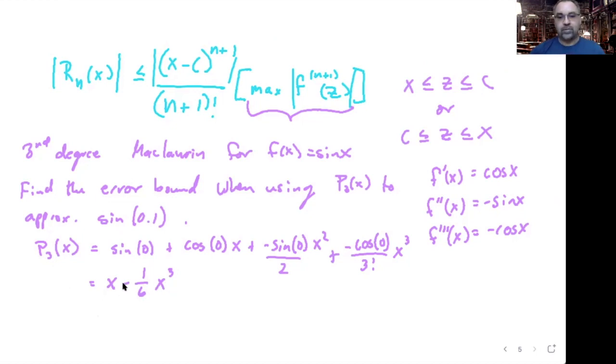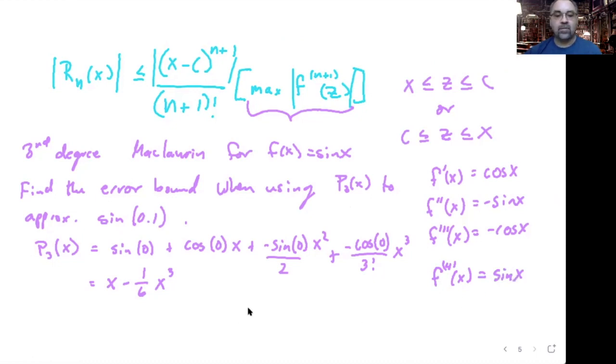But I asked, what's the error bound when using this polynomial to approximate sine of 0.1? So what is the fourth derivative? Because remember, it has to have n plus 1 derivatives. The derivative of negative cosine is sine.